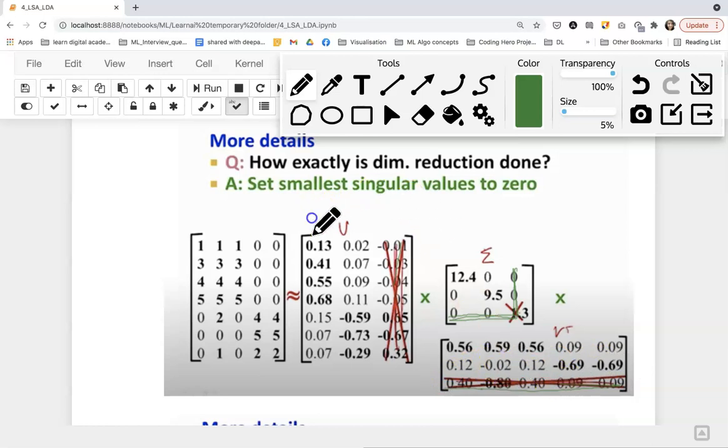Now we got two concepts, and this matrix reduced to 2 cross 2 instead of 3 cross 3, and this VT matrix reduced to 2 cross 5, and this one reduced to 7 cross 2. So this is how dimensions are getting reduced.